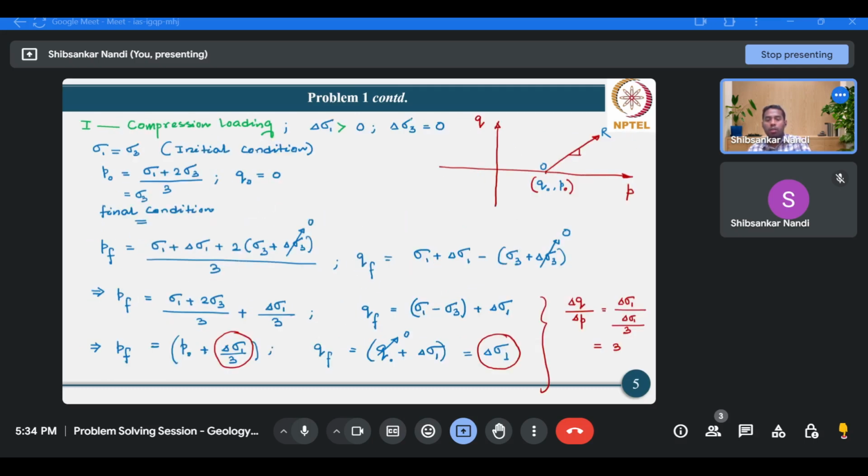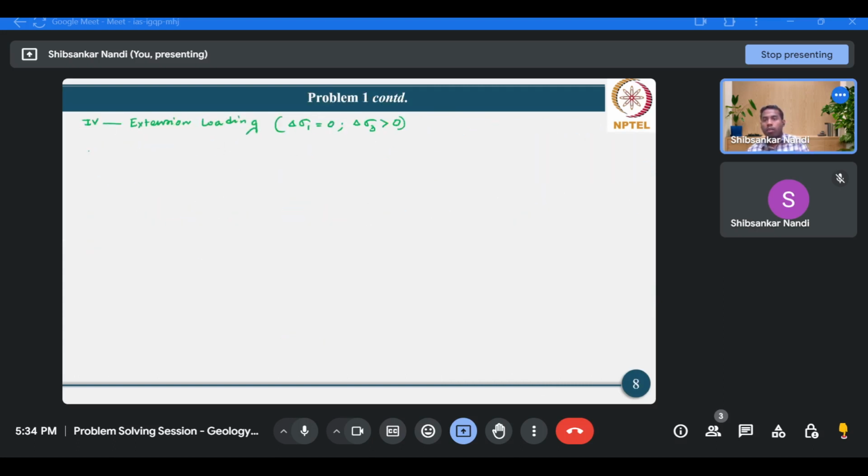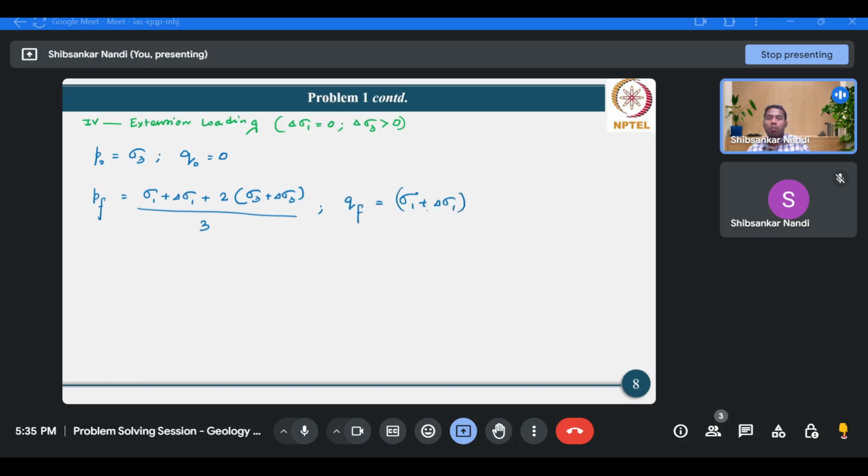So sigma 3 is increasing. Therefore P0 will be sigma 1 plus 2 sigma 3 by 3, and PF will be sigma 1 plus delta sigma 1 plus 2 sigma 3 plus delta sigma 3, by 3, and QF is sigma 1 plus delta sigma 1 minus sigma 3 minus delta sigma 3.